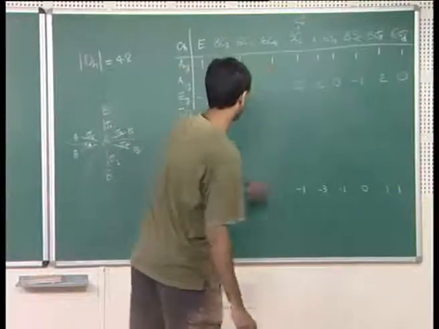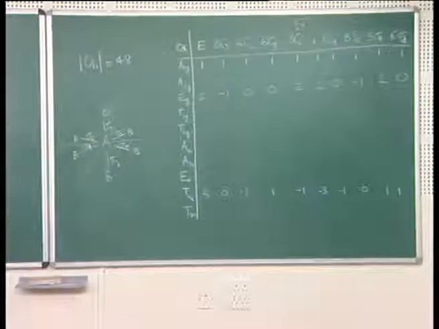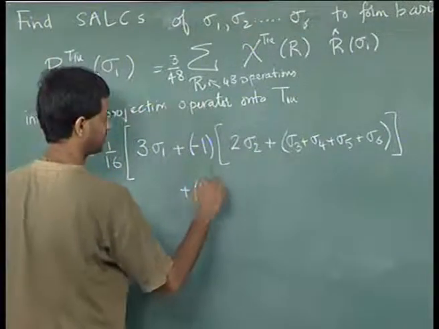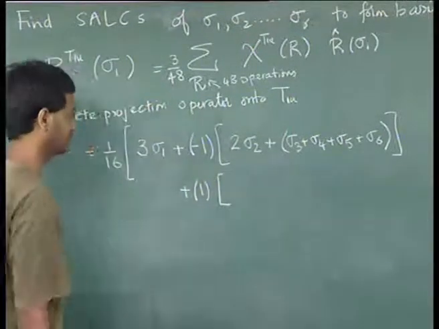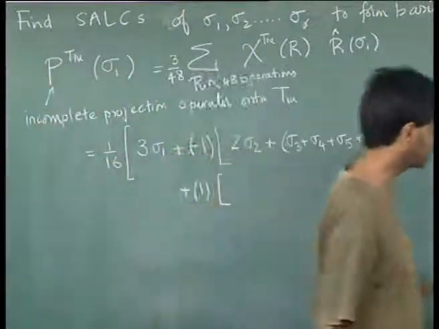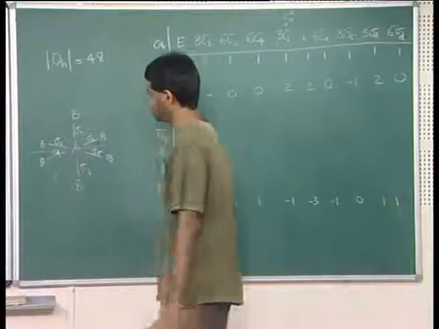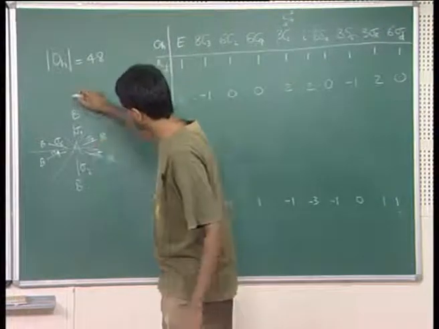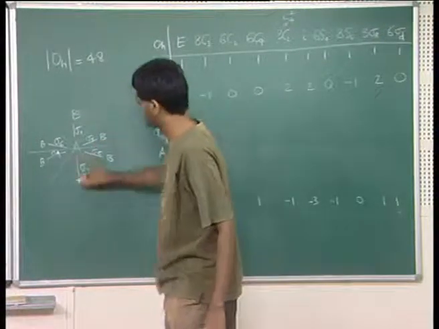Now what about C4? The character of C4 is plus 1, and you have 6 operations again. The 6 operations correspond to C4 and C4 cube. There are three C4 axes, one passing along each of the bonds.